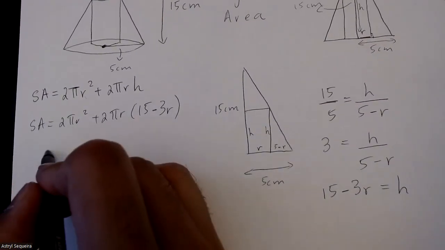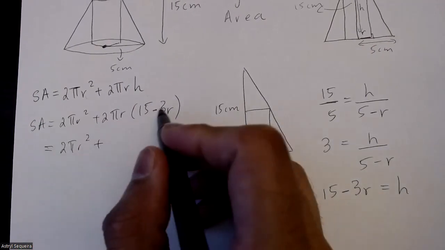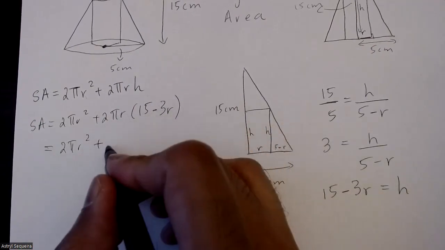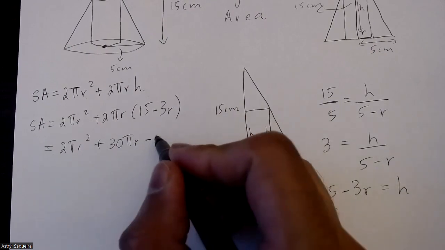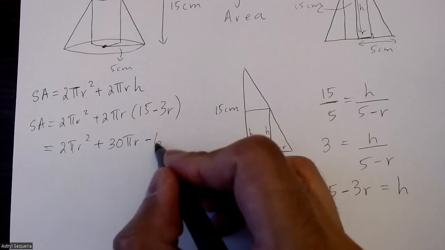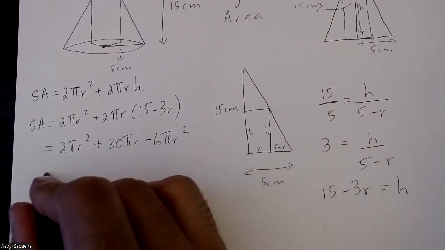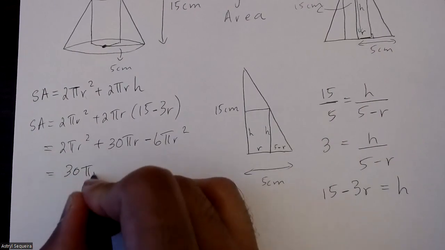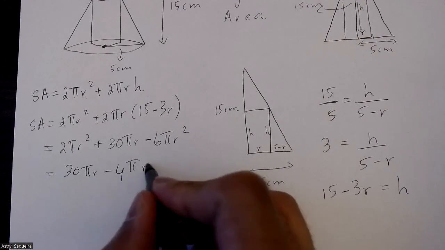I'm going to expand this out so that it'll be easier to derive. So 2 pi r squared plus 30 pi r minus 6 pi r squared. I'll combine these two like terms. So I get 30 pi r minus 4 pi r squared.